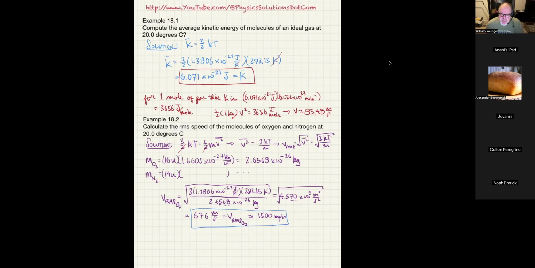Okay. Now we need to do the exact same thing for nitrogen, but like I said, I promised you there's a trick we can do to make it a little easier. What I can do is say V root mean square N2 is equal to the square root of 3kT over m N2. And actually I should put that 2 as a subscript there.